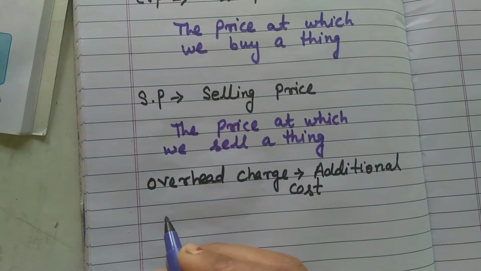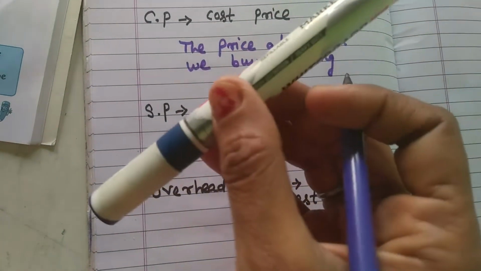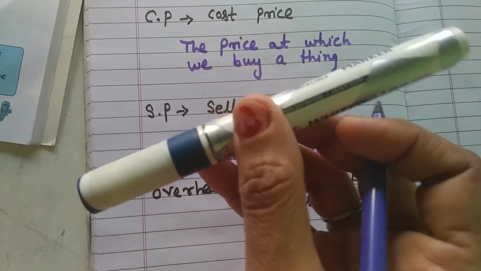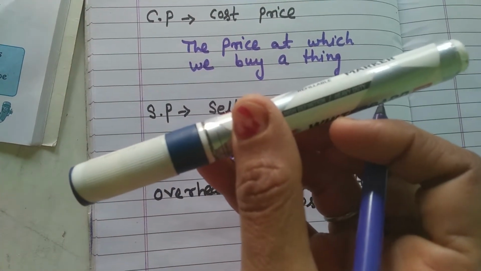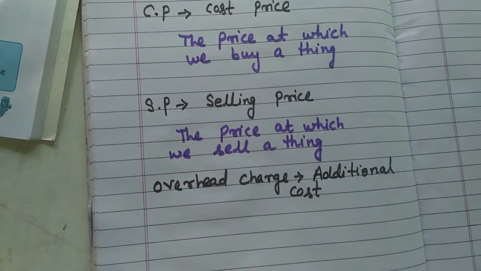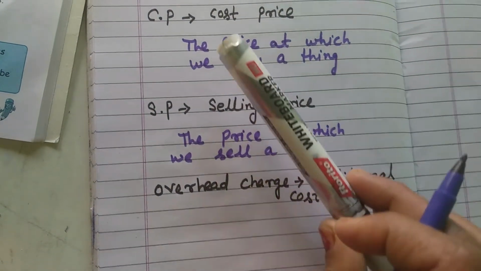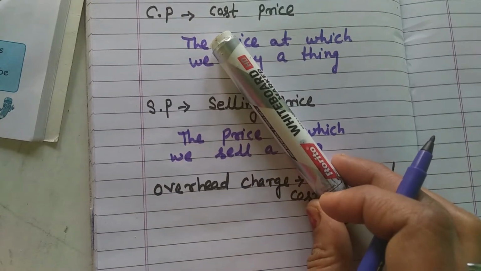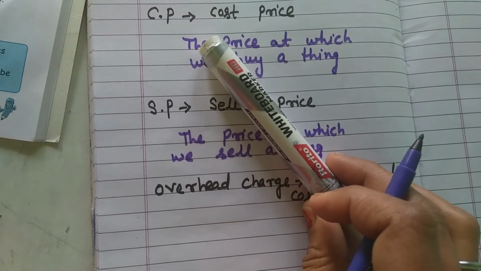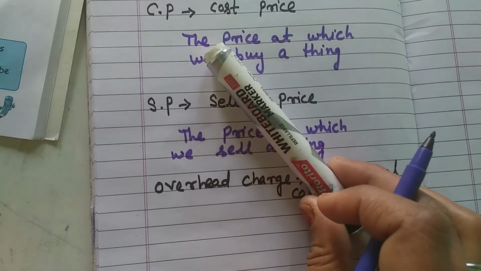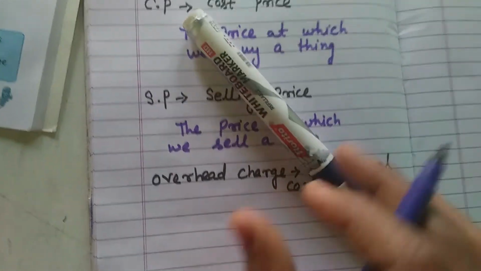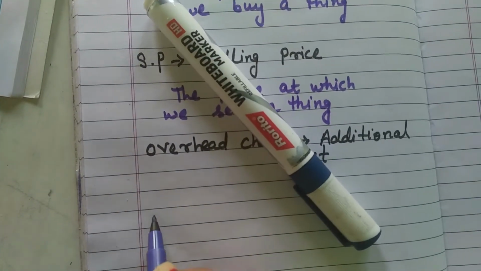Let's take one example. I have already taken an example of it. The cost price of this marker is what? 20 rupees and I am selling it at 25 rupees. Clear? So in this condition, we are getting profit.